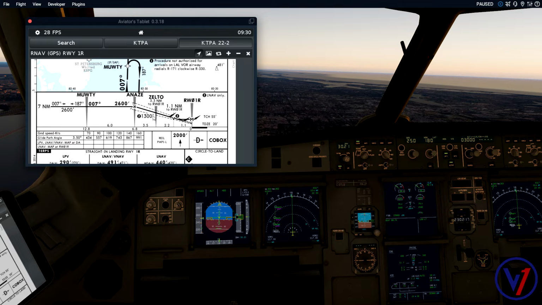Before we talk about the terms, let's talk about the fundamental differences between a GPS approach and an ILS approach. A GPS, RNAV, or area navigation approach is based solely on FMGC computation of the Airbus aircraft. So there are no ground-based navaids helping this airplane fly a GPS approach.